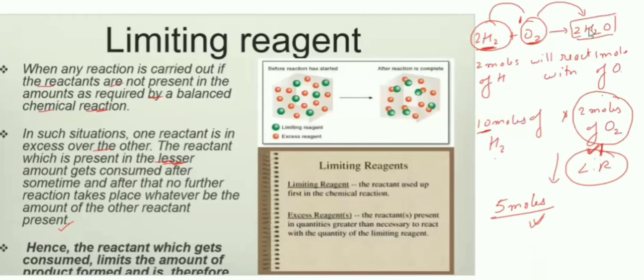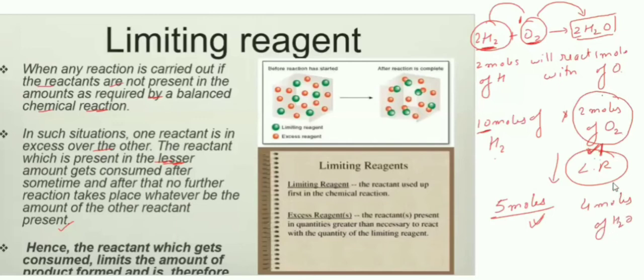So 1 mole of oxygen gives us 2 moles of water in the standard reaction. Similarly, if we have 2 moles of oxygen, then we will get 4 moles of water.